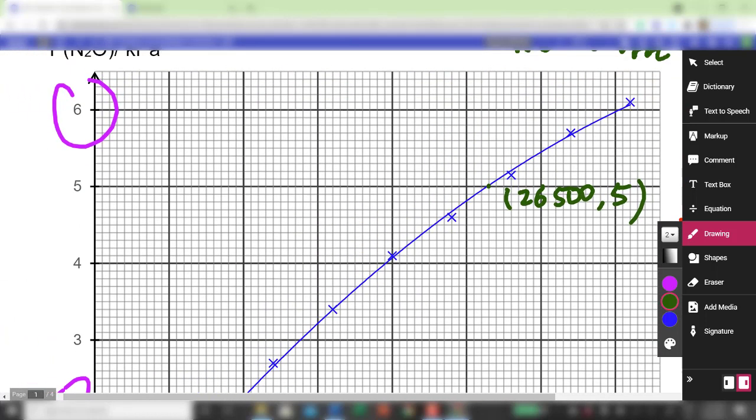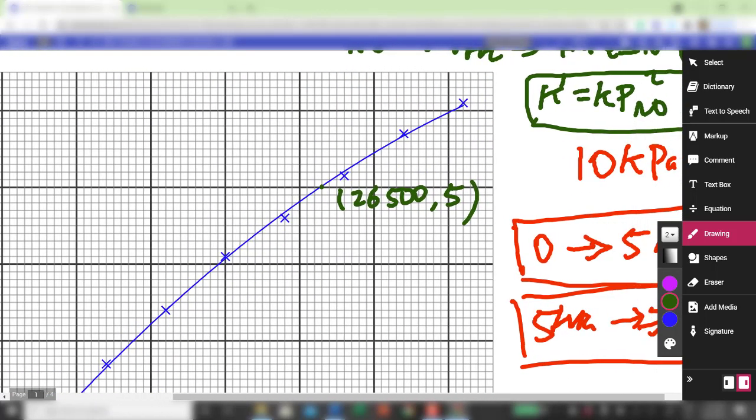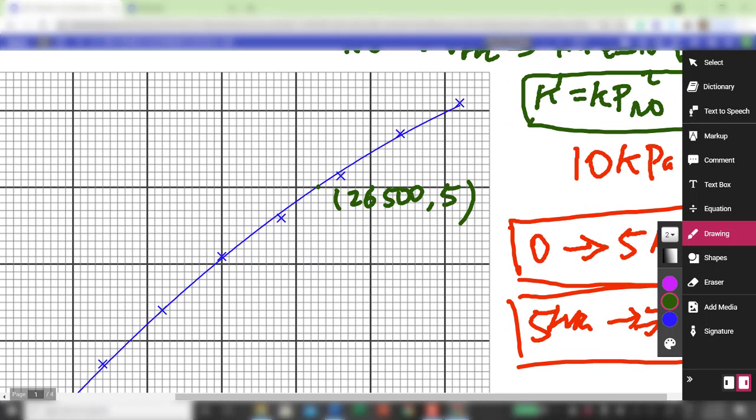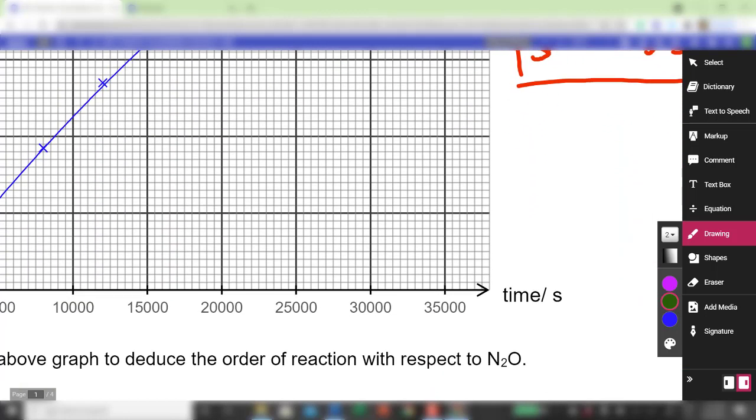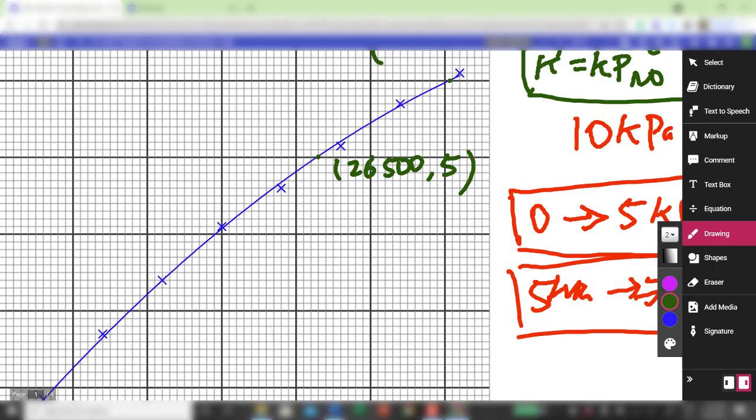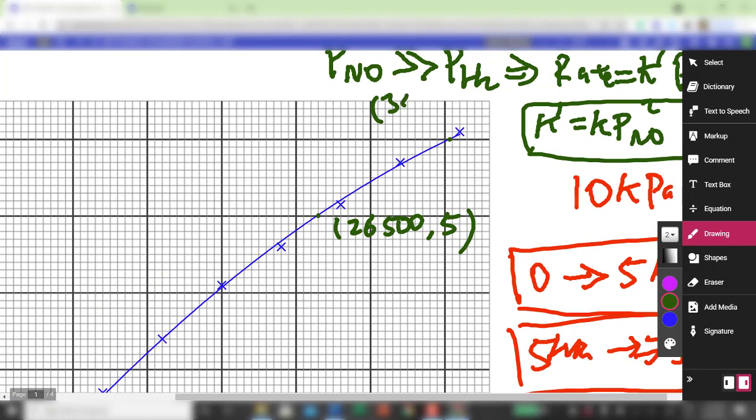How about we look at 6? Over here, it cuts relatively nicely around the halfway point, so that's maybe 35,250 at 6.